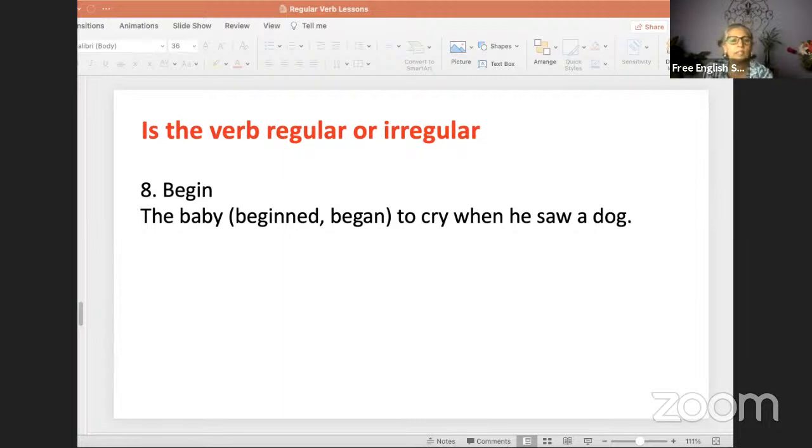So if you think it's irregular, you can just write down IR. If you think it's a regular verb, just write down R. Because when you type, you don't need to type the whole word. You can just write down IR or R. Hello, Karunesh.